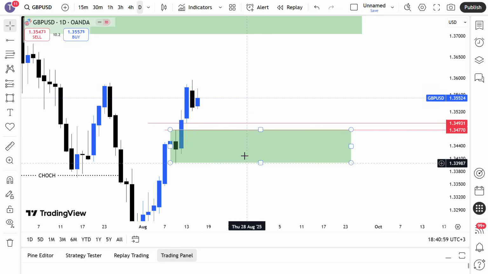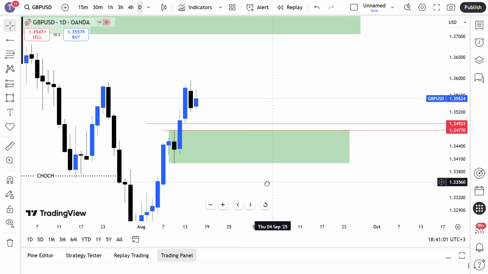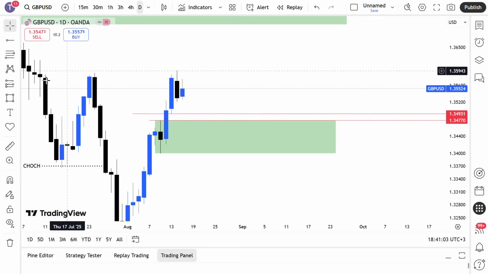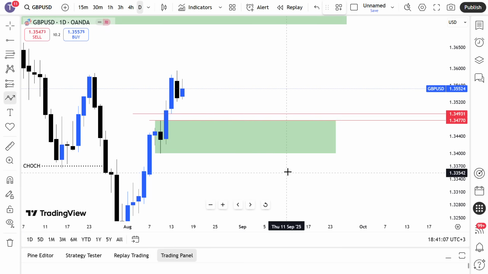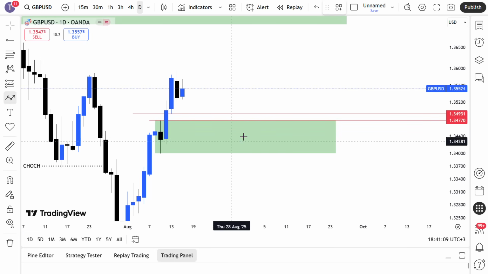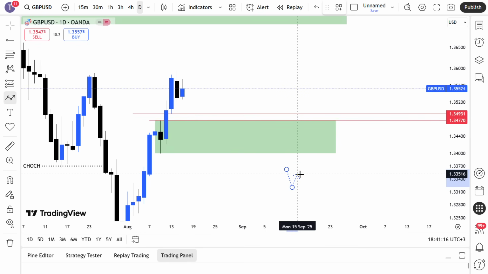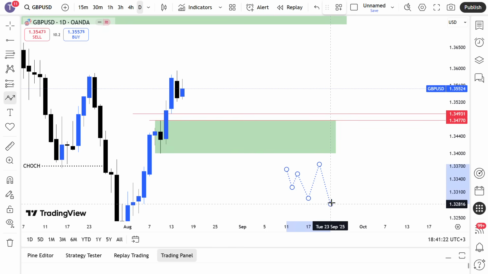I'm not going to enter the market blindly. So let me draw the change of character that I'll be expecting to see in this area. In my pullback, I'll be expecting something like this, so that it can be a very good change of character.